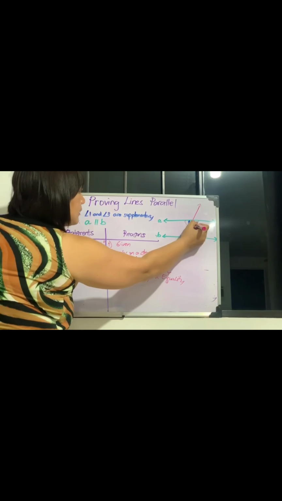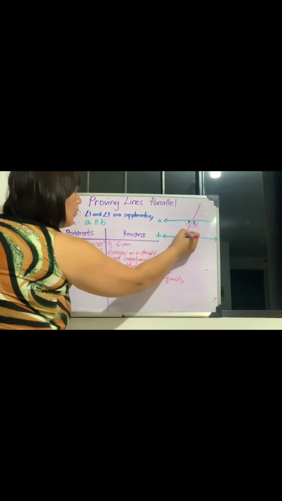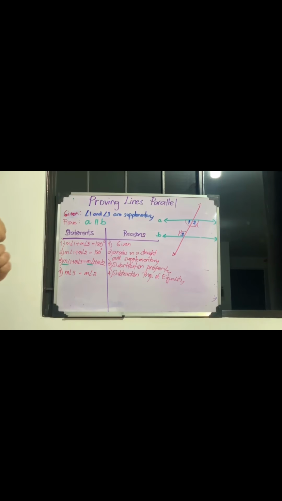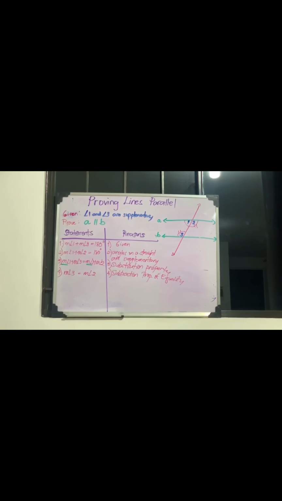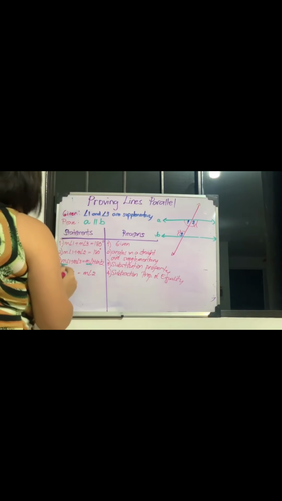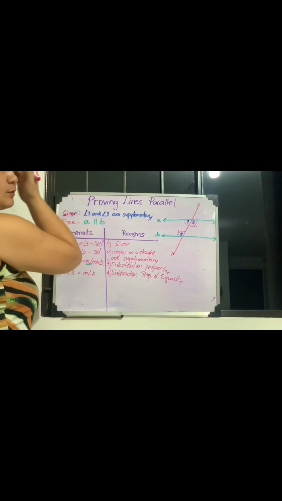Now, this is equal to this. What kind of angles are they? I couldn't hear you. What kind of angles are they? They are alternate interior angles, correct? So just because we're proving parallel lines, we need to have congruence.